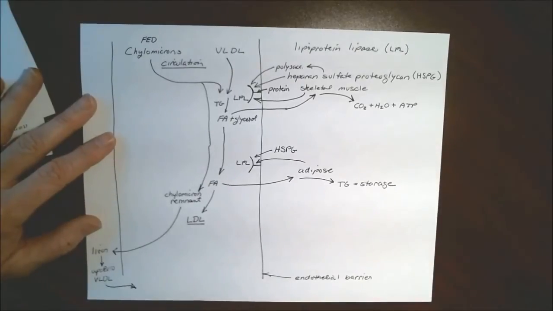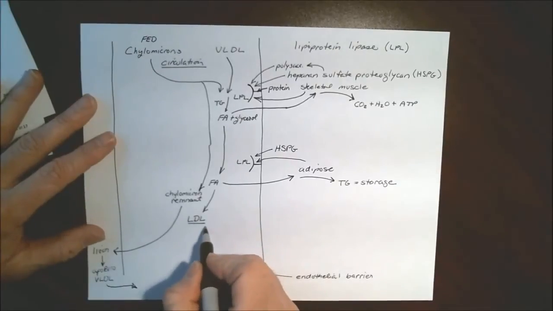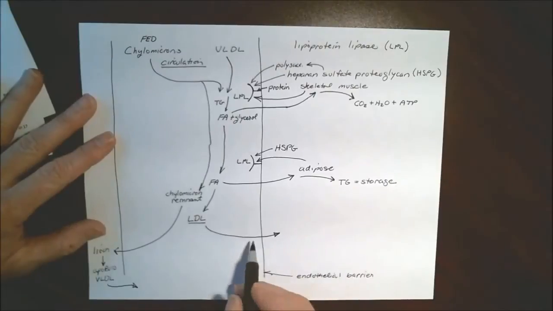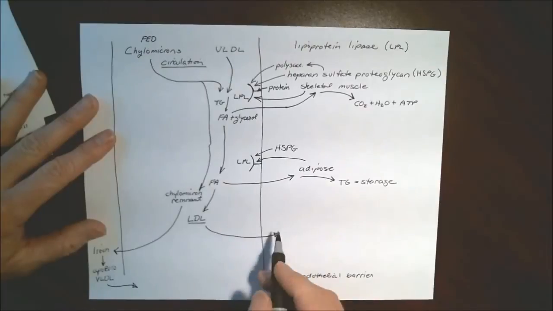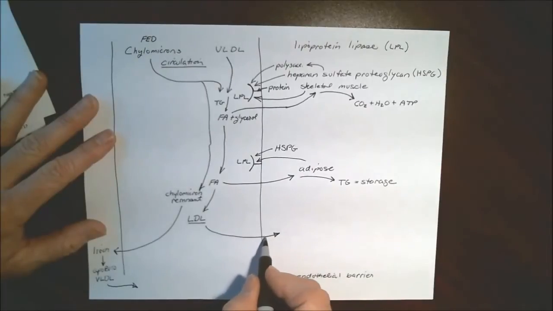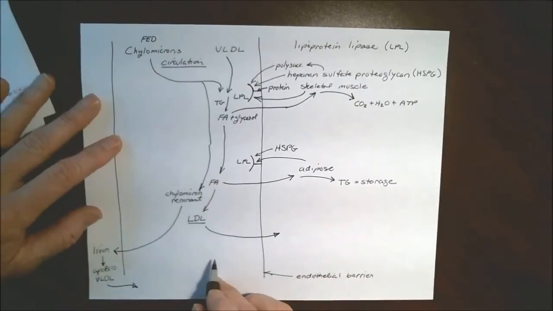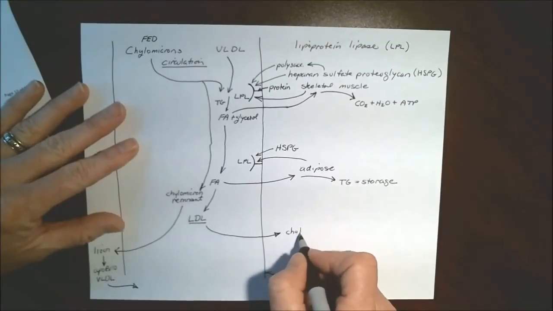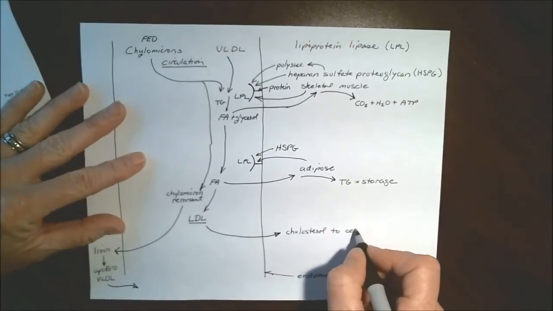Now, the fate of LDL has two paths. The first one is that LDL can itself pass into the tissues. It can pass into the tissues, recall, because LDL is a much smaller particle, and there are specific transport mechanisms allowing the uptake and passage across the endothelial border, bringing it into the tissue. In this manner, we can bring cholesterol to cells.